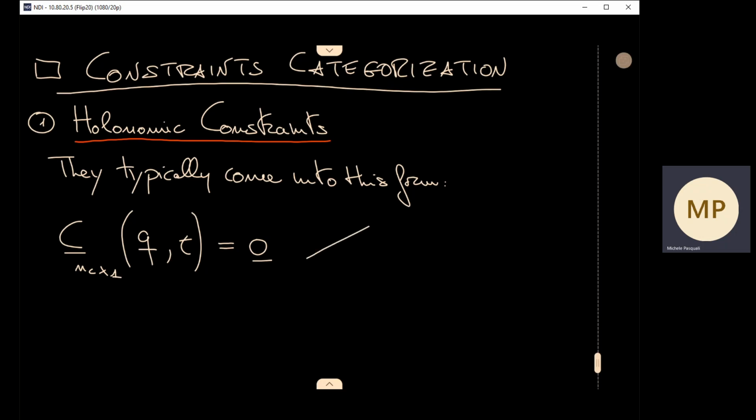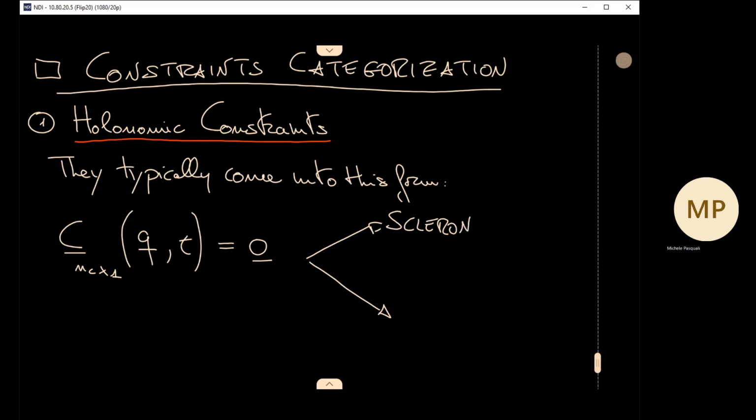In fact, we can also further differentiate this type of constraints into scleronomic constraints, and rheonomic.